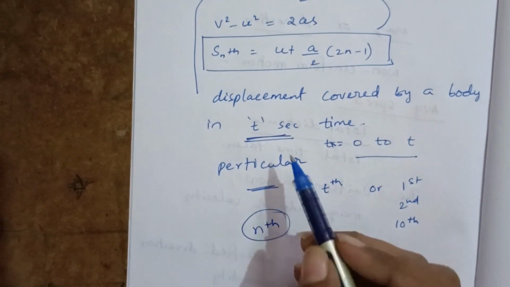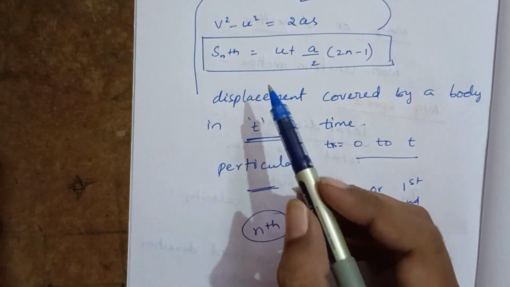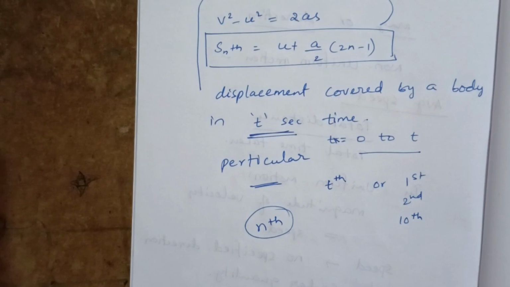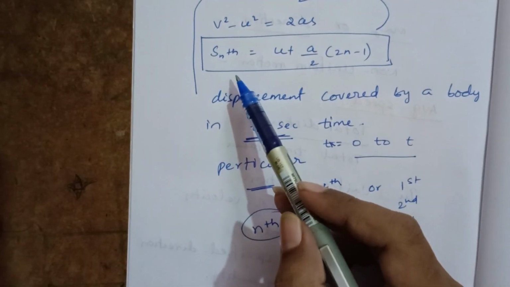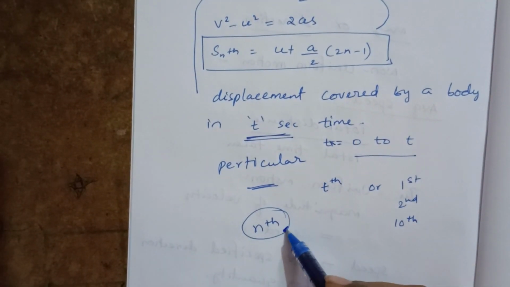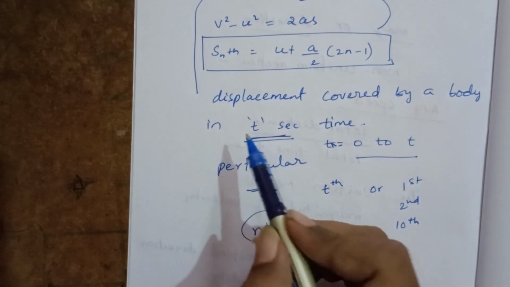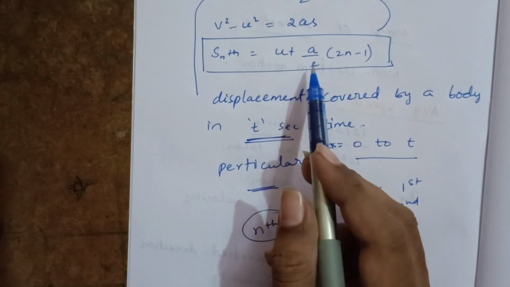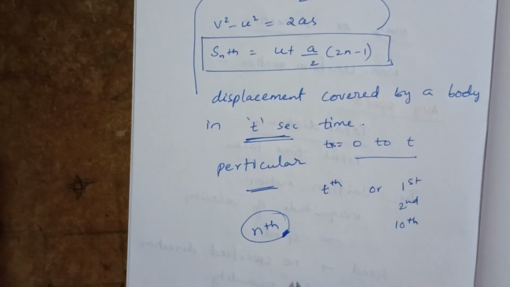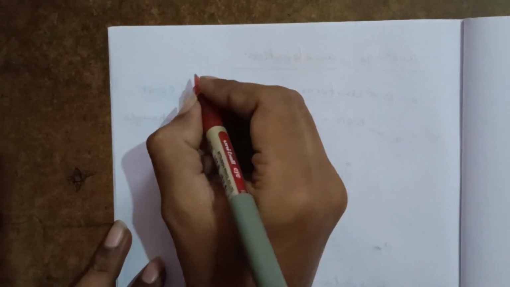The displacement covered by the body in the nth second is known as s nth equal to u plus a by 2 into 2n minus 1. Next we will discuss graphs.